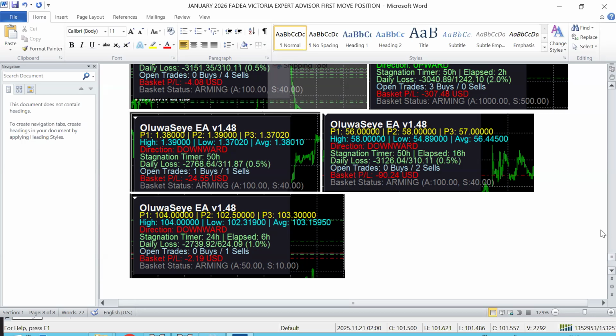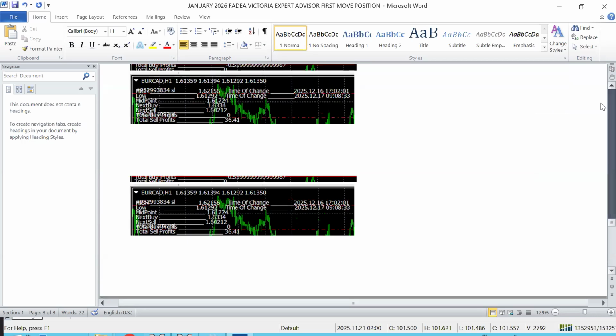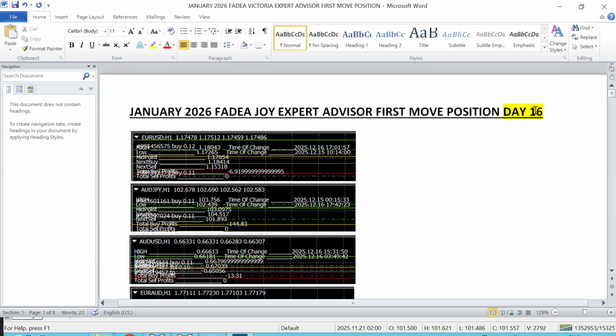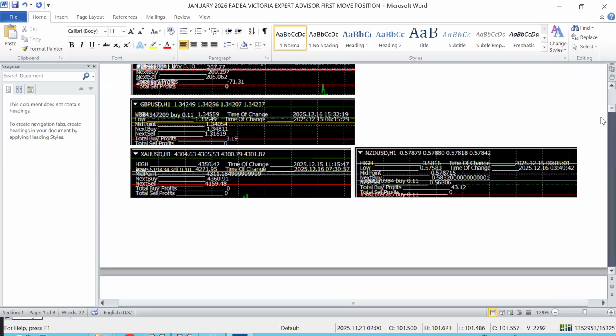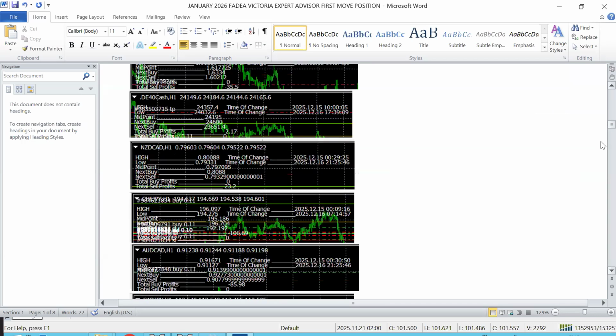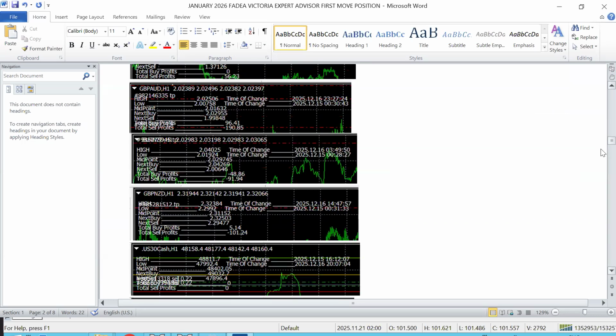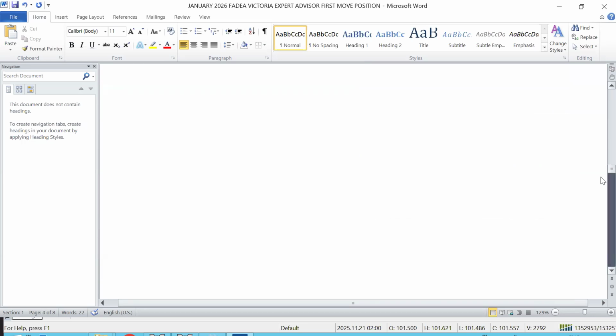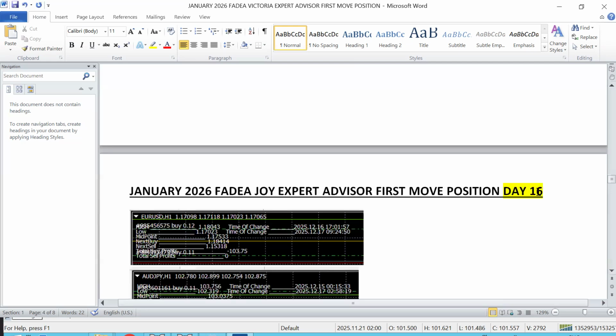So for example, let me show you an insight of part of it. You can see the first one here, this was taken on the 16th. The second one, not sure, let me see if I've changed the date. Yeah, this is taken on the 17th.